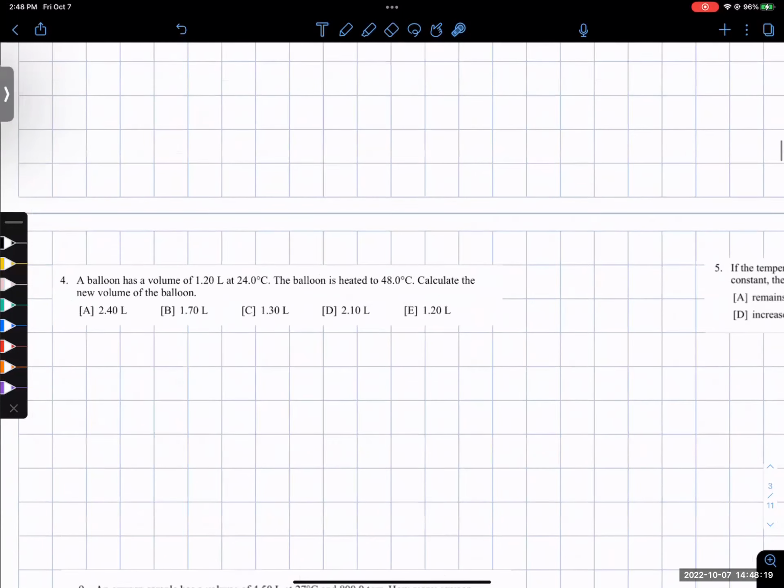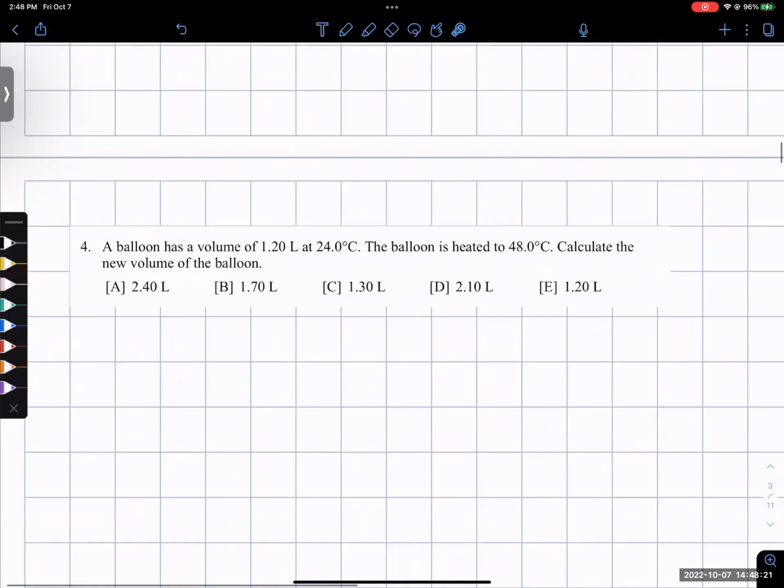So the test will never ask us about the names, right? Oh, I mean, yeah, it'll ask you. There's a question that gives you a graph, and on the y-axis it's P, on the x-axis it's T. What equation does this correlate to? You have to know that P over T would be Gay-Lussac's law.